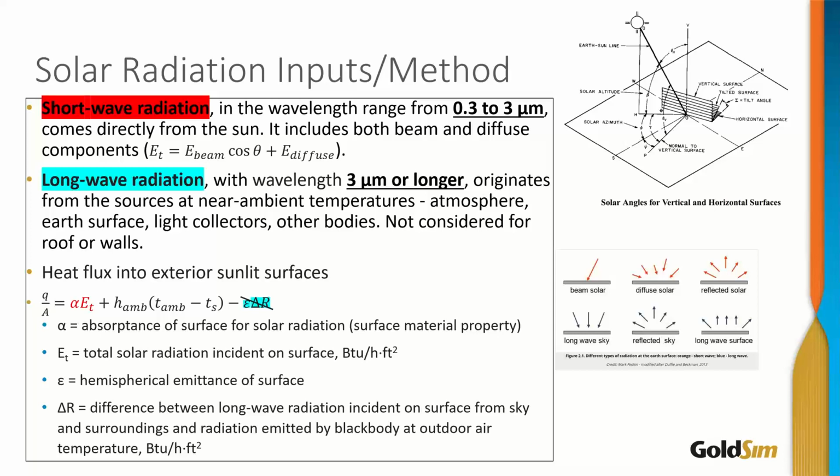And this basically is interaction between different objects. Conceptually, long wave radiation is the reason why you can still see things in the shade, because sunlight bounces off and then interacts with different bodies.